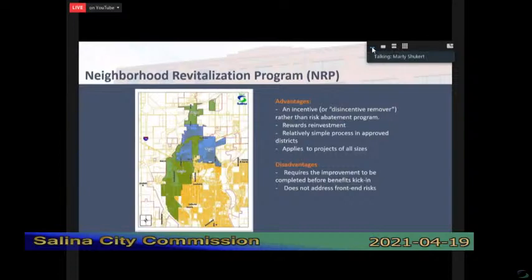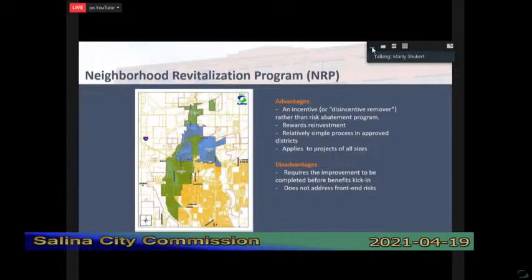So the advantage of it is that it's an incentive, or really more a disincentive remover, rather than a risk abatement program, because you've already taken the risk. RHIDs attack risk. NRPs can attack an operating gap, or it rewards reinvestment in a property.